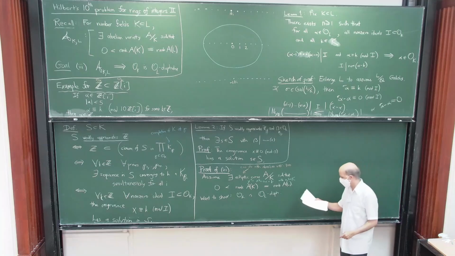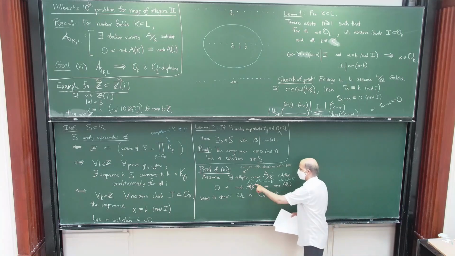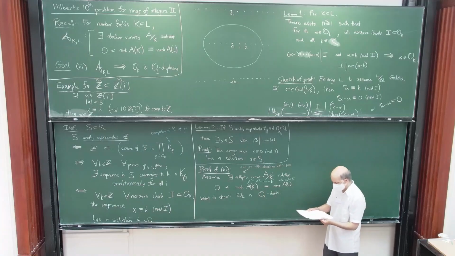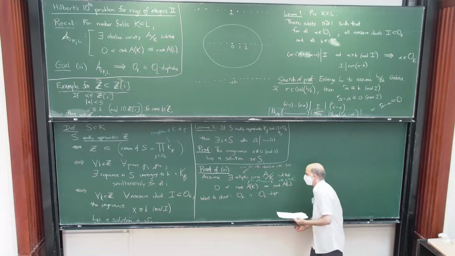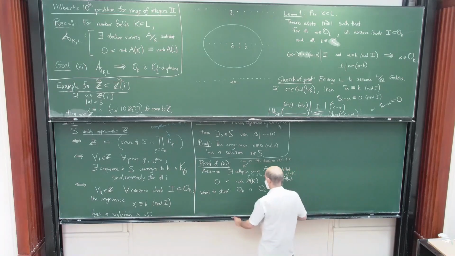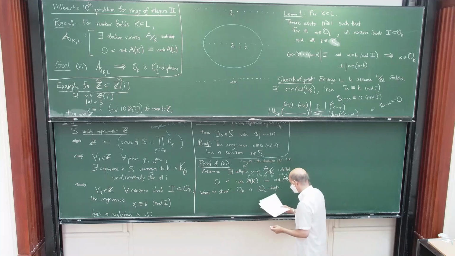And A of K is just the set of solutions to that equation where x and y belong to K. The assumption here is that A of K and A of L have the same rank, and they're finitely generated abelian groups.